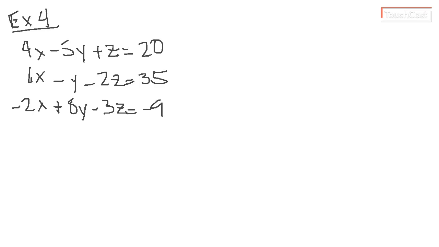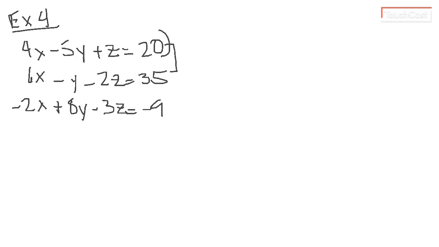And I'm going to start by eliminating a variable in the first two equations. And I'm going to eliminate my y's when I do this. You could also go and eliminate your z's. That's fine. In fact, that's probably a better idea because I see my z's, I've got one that's positive and one that's negative.